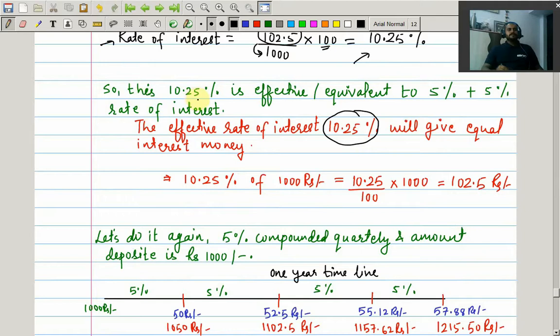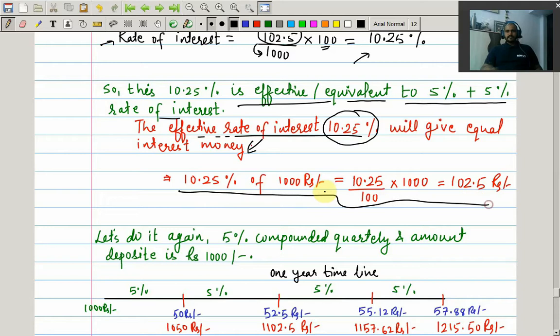So this 10.25% is called effective or equivalent to 5% plus 5% rate of interest. So the effective rate of interest will give equal interest money equivalent to 5% plus 5%. You can see this. This is the calculation. You are going to receive the same interest amount.